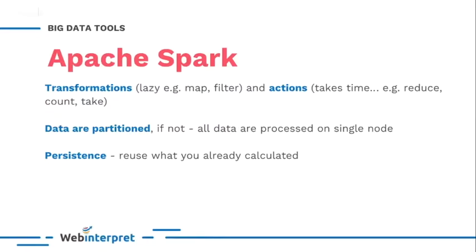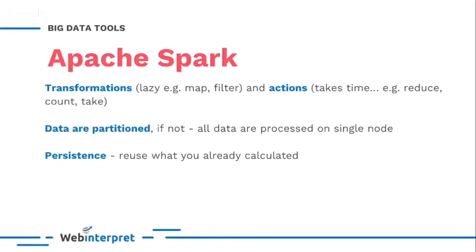And you have two types of operations you do on your resilient distributed dataset. One is the transformation, which is basically lazy. So you can do the transformation and basically nothing happens until you do some action. And those lazy operations are map or filter. And the actions take time, because when you take some action, the job by Spark is done.